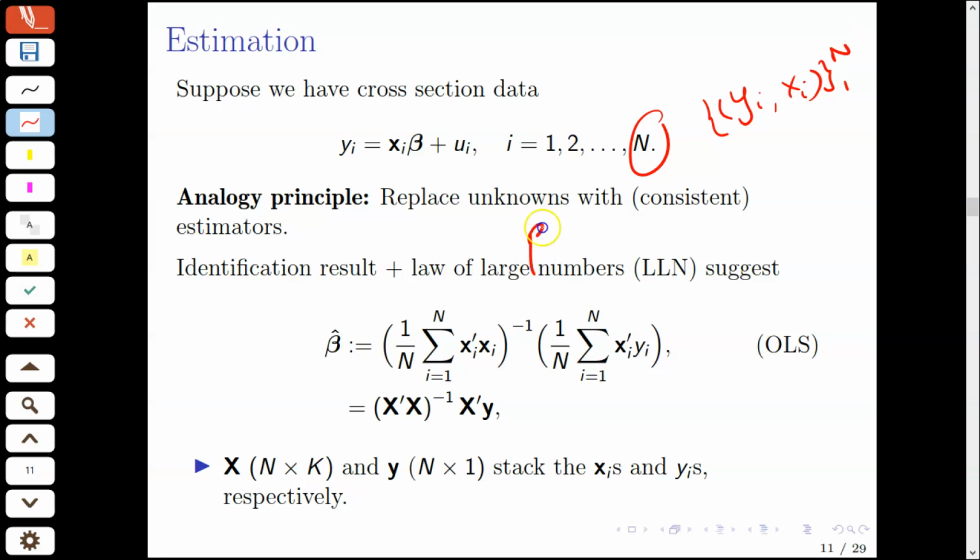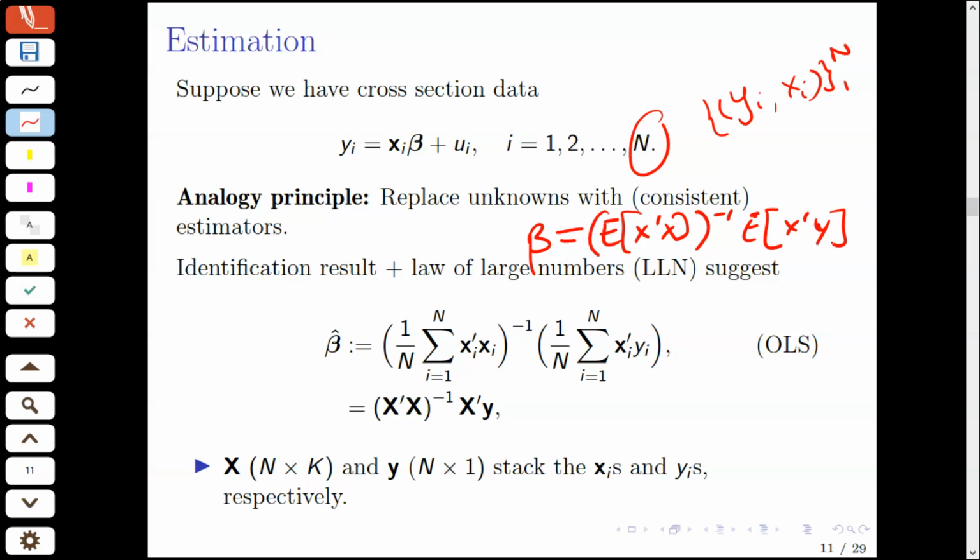Now, since we've expressed beta as the product of two unknowns, it seems like a good idea to proceed as follows. Namely, whenever we encounter expectations, replace those with averages.